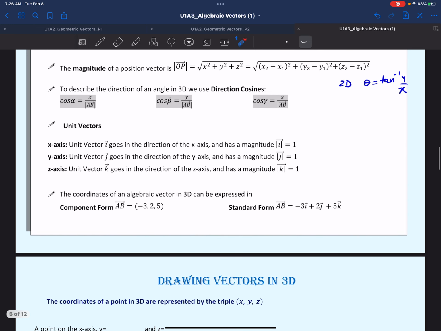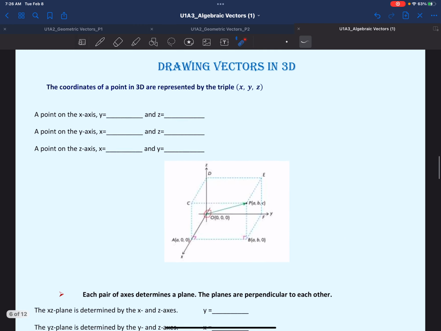So a vector in 3D can be described in component form, which means just the coordinates. So component or coordinate form means the same thing. Or in standard form, which is expressing a vector as a sum in terms of the unit vectors.